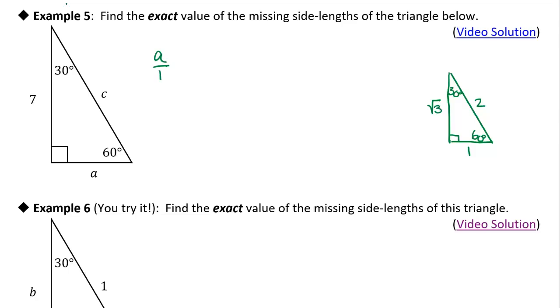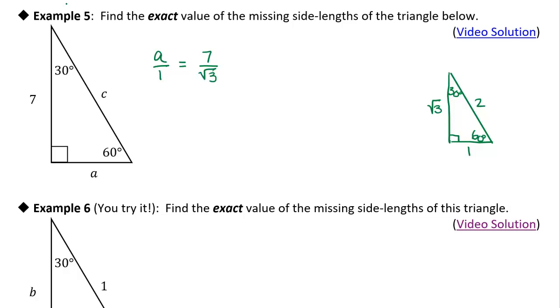That's the short side of the 30, 60, 90, the side opposite the 30-degree angle. That's equal to the side length we're given, which is 7. That's the long leg of the 30, 60, 90, the leg opposite the 60-degree angle, so the corresponding side on the standard 30, 60, 90 is the square root of 3.